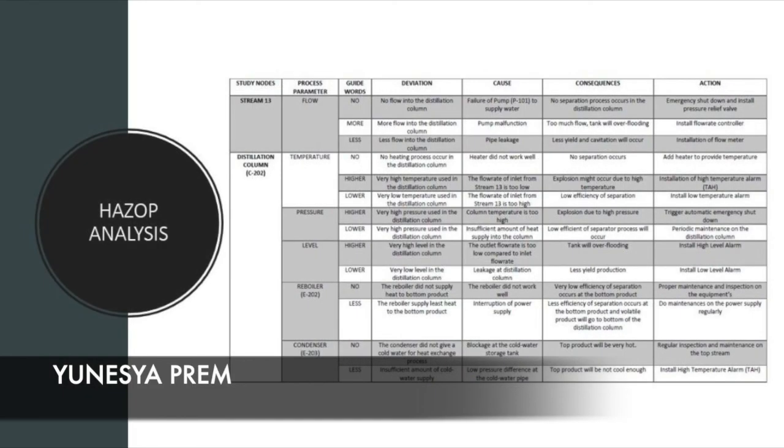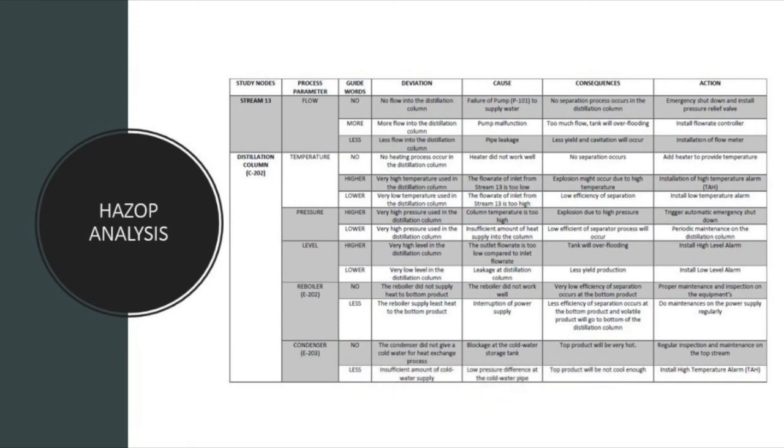I'll be explaining about the results and discussion that we have obtained from the research that we have conducted for this project. Firstly, we did a hazard analysis on the C202 distillation column and found that the study notes that we have used are stream 13 and distillation column, which is C202.